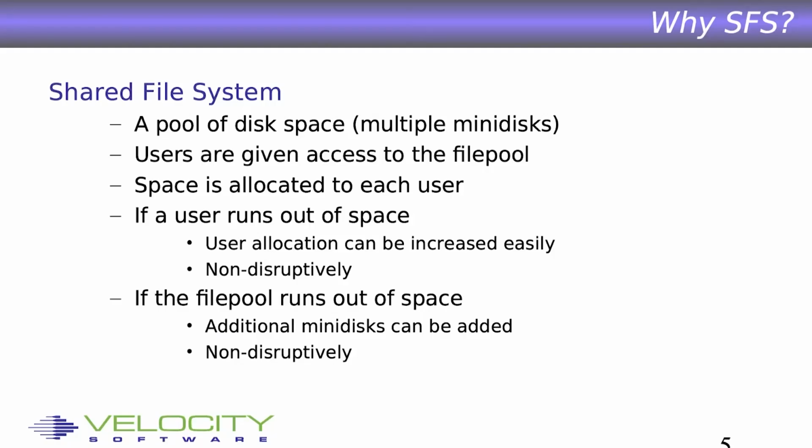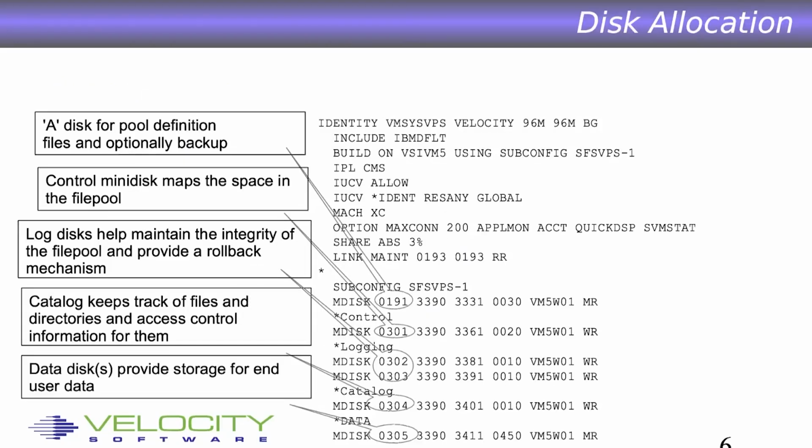And if a file pool runs out of space, additional mini disks can be added also non-disruptively. So that's what makes SFS so cool, is that running out of space doesn't have a disruptive solution. Let's put it that way.